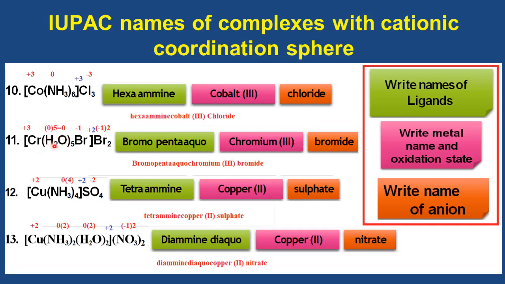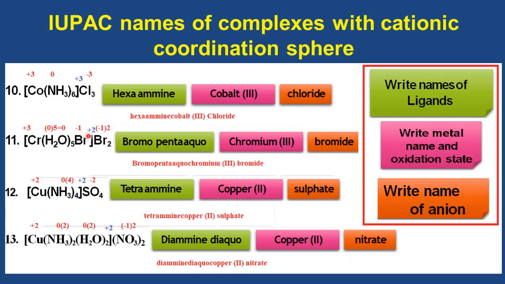We are having Br2 as anion, -1 charge on each, so the net charge contributed by anion is going to be -2. It should be counterbalanced by +2 on the coordination sphere. How is it possible? Bromide ion in the coordination sphere carries -1 charge. 5 water molecules contribute 0 charge as it is a neutral ligand.